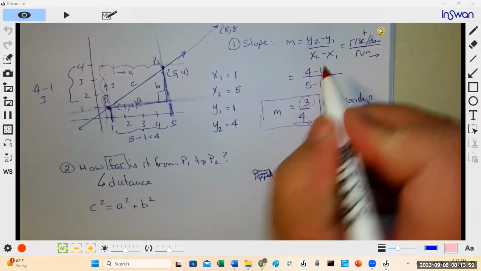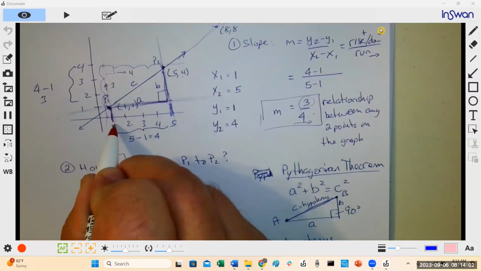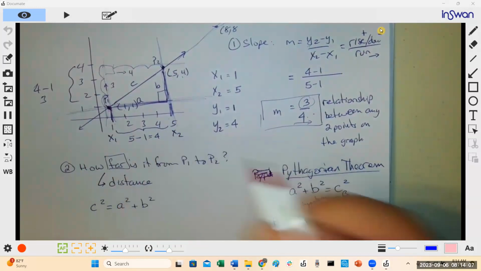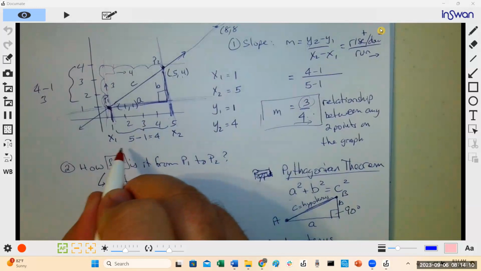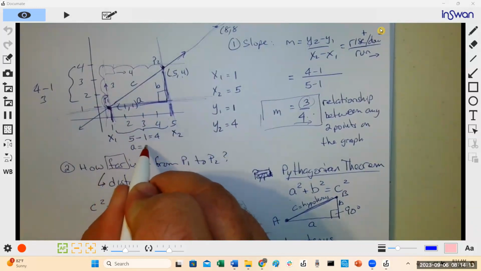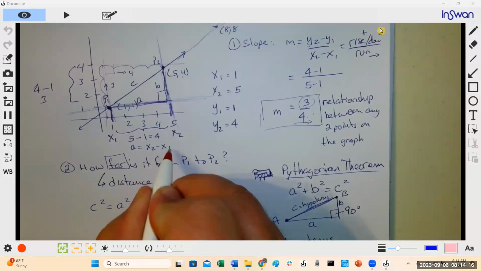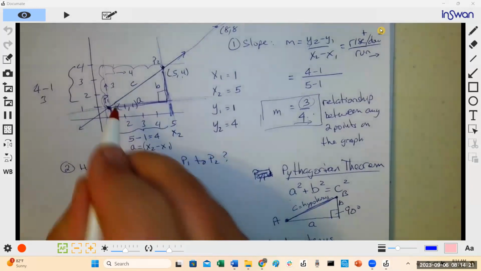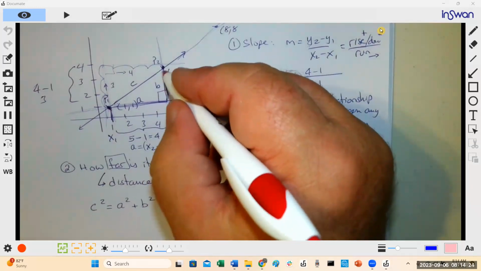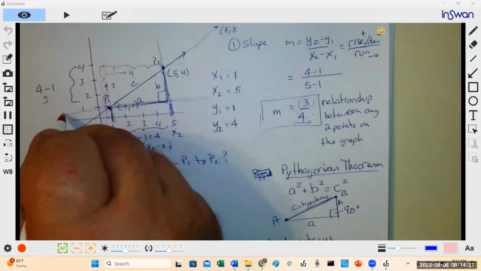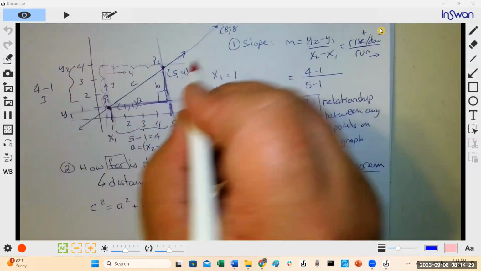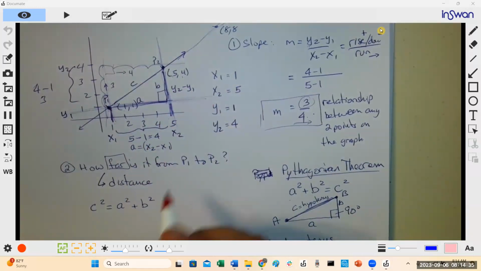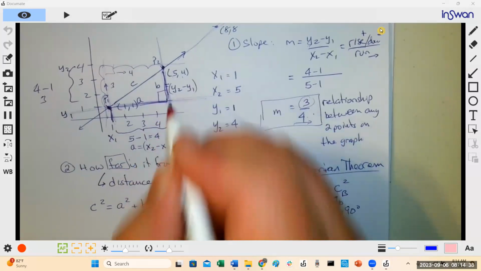So our A value is the distance between any two x's. If this is our first x and this is our second x, then A is equal to x2 minus x1. That is our equation for the length of A. Same thing for B. Since we're going up and down, that's y1 and that's y2, so it's y2 minus y1. That's what B equals.